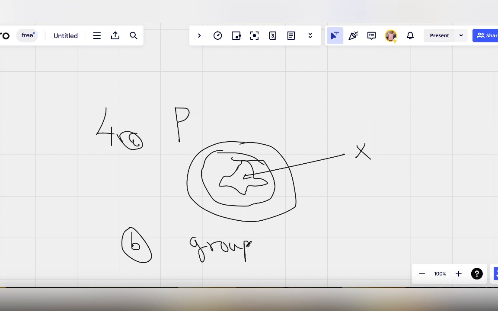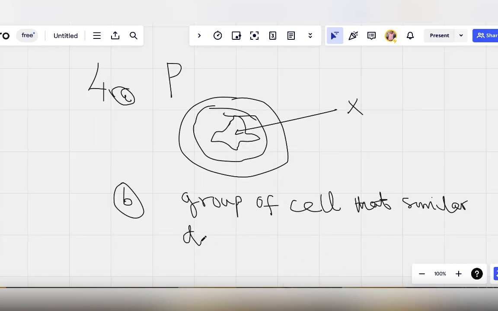Group of cells that are similar in structure and in characteristics, doing the same function. Use the word similar or same, and does the same function.